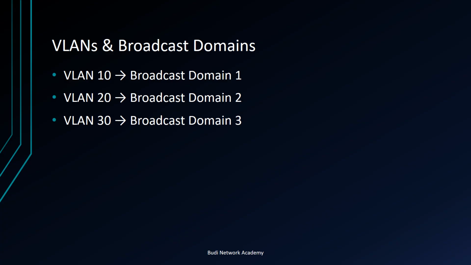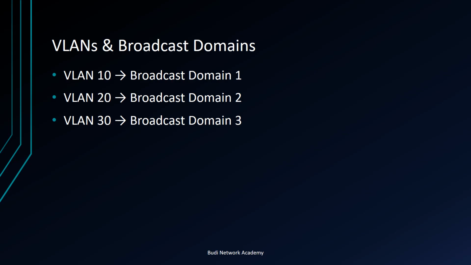One of the most important concepts to understand about VLANs is the broadcast domain. In a traditional network without VLAN segmentation, many devices may belong to the same broadcast domain. When we create VLANs, each VLAN becomes a separate broadcast domain. For example, VLAN 10 has its own broadcast domain.